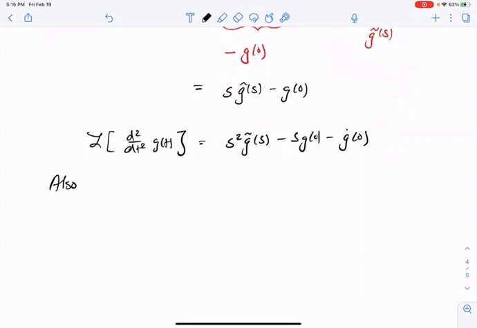So that is going to be directly useful in our calculation of the harmonic oscillator, being a second order ODE.